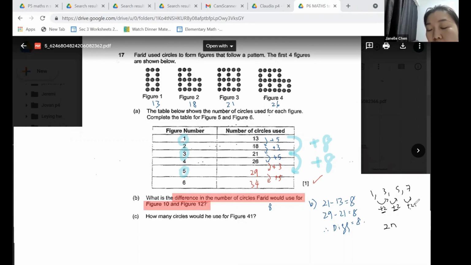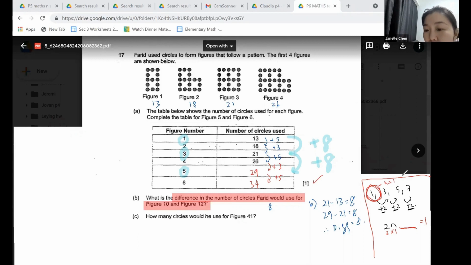To decide what to add at the back of 2n to get a full n term for this kind of question, I look at the very first number for figure 1. Figure 1 is 1. So what I need to ask myself is that in my 2n, figure 1 is always 2 times 1, because n is equal to 1.